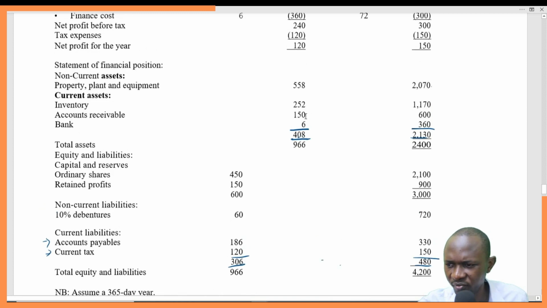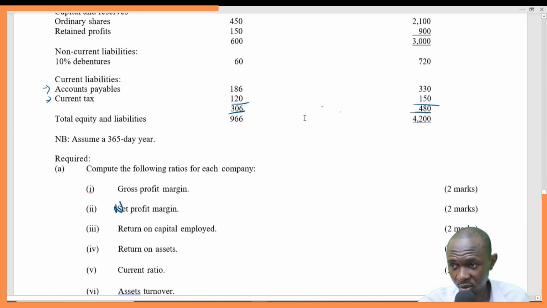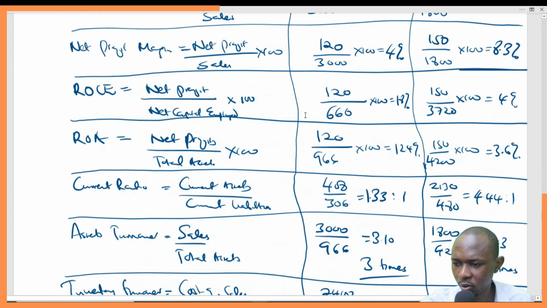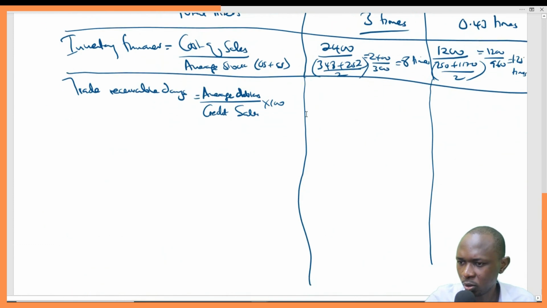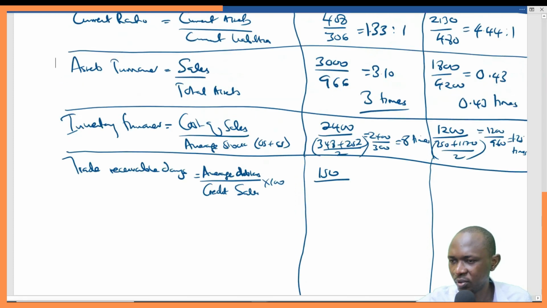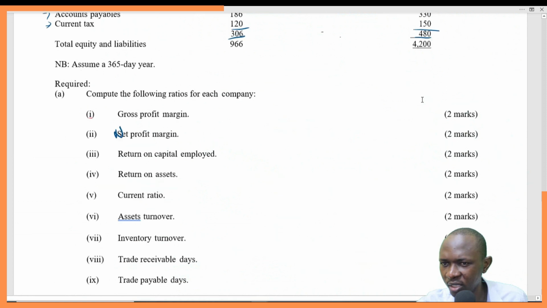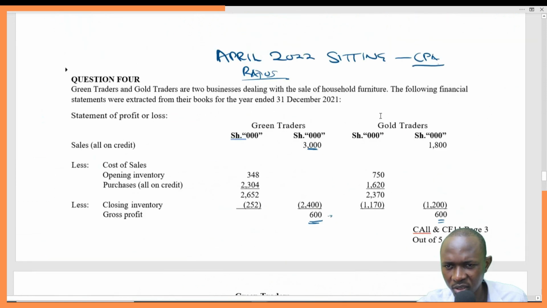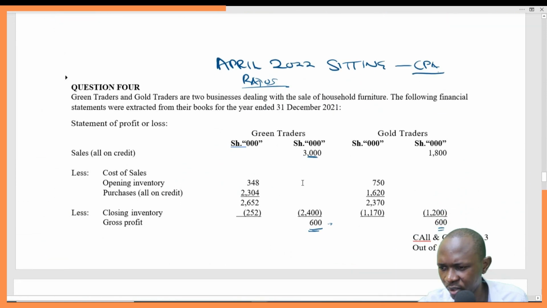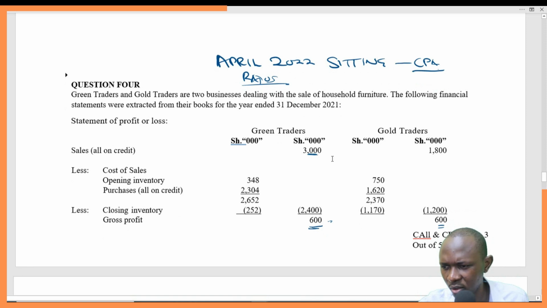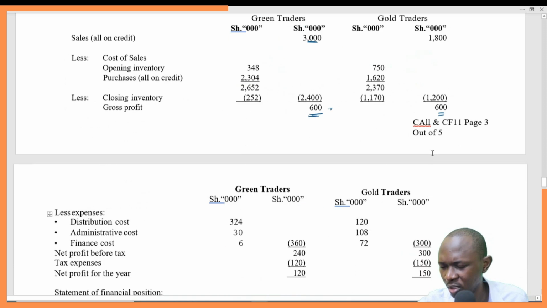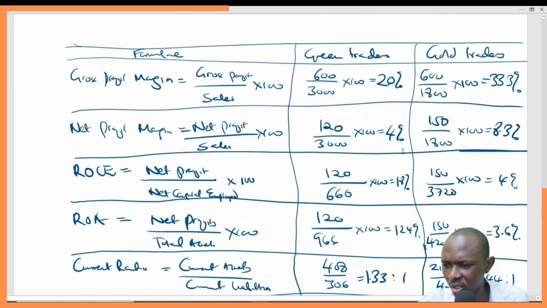These accounts receivable, we have 150. That is 150 over credit sales. For the Green Traders, I think the credit sales was 3,000. Let's just confirm: all sales are on credit, 3,000.